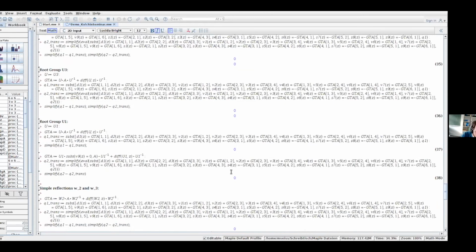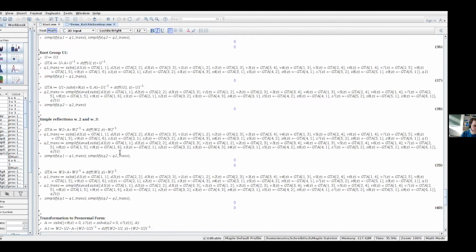And now another root group U1. So Q1 is simply invariant. And now for Q2, we have to show that it lies in the differential ideal generated by Q1 and Q9. So what we can do is substitute V9 equals 0 into A, and then see if it is invariant. And so it's also invariant under U1.